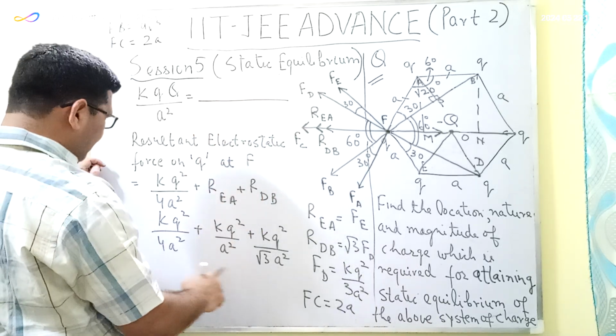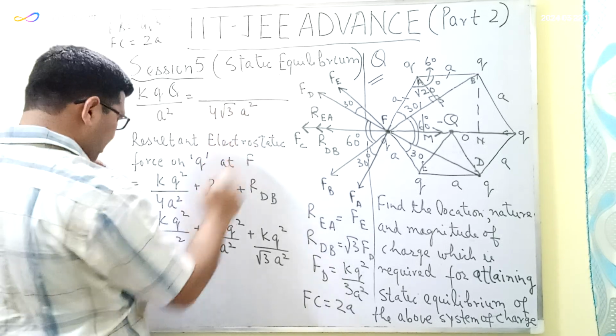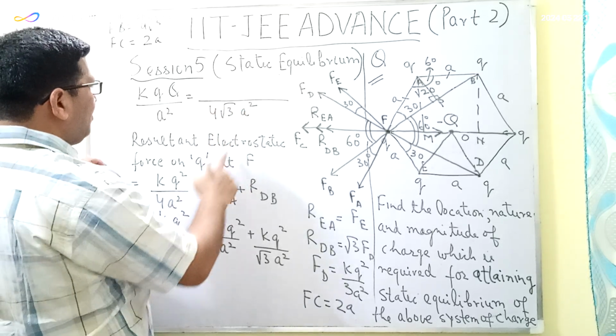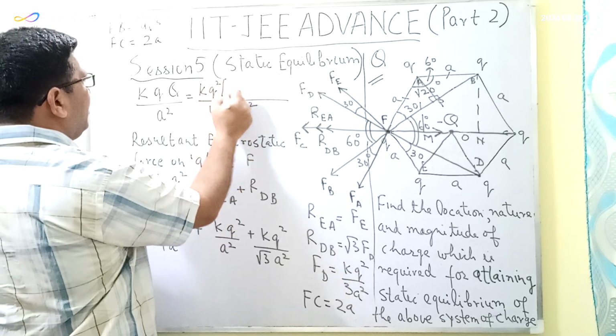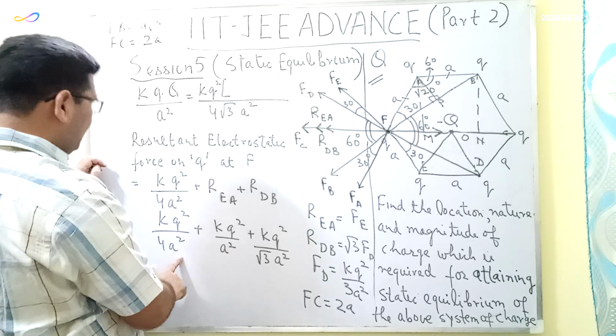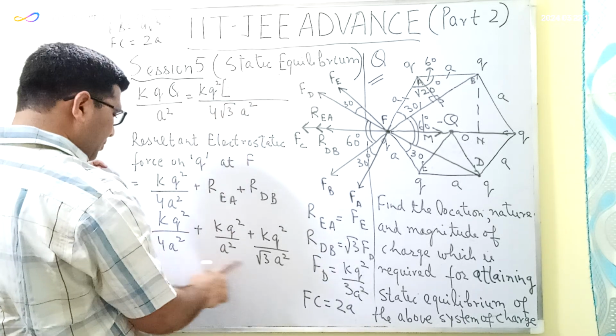I will be taking here the LCM. So this is equal to 4 root 3 A square, and K Q square can be taken as common. In bracket I will be getting 4A square, and this will be equal to 4 root 3 A square.